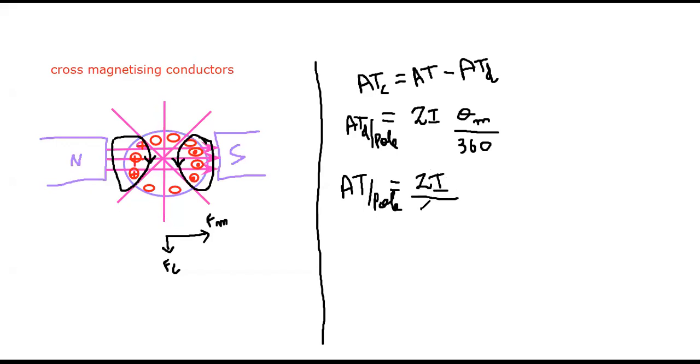The total angle is 360 degrees. So this will be the total value for the ampere turns per pole.